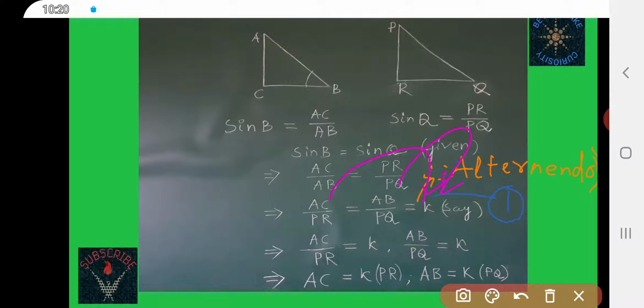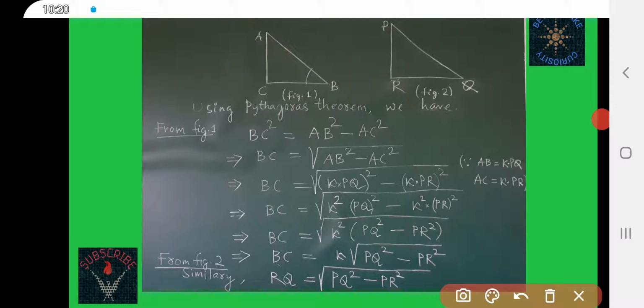So AC is equal to K into PR, AB is equal to K into PQ.